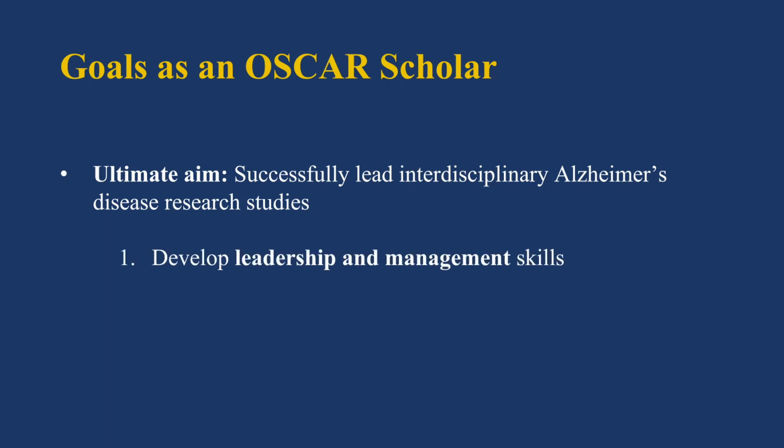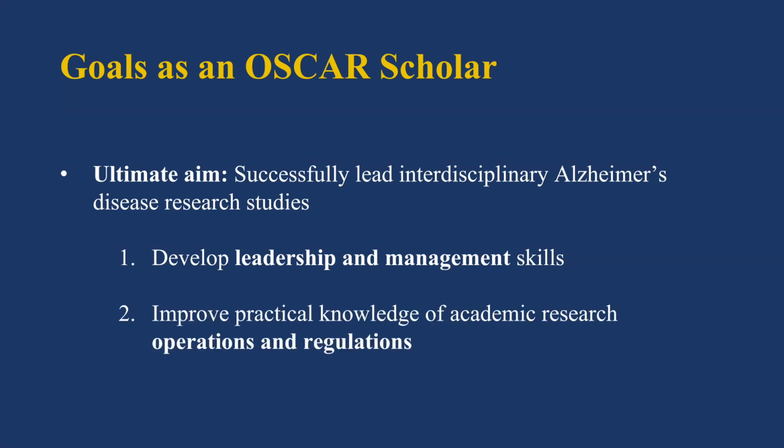So with this opportunity, I am hoping to develop the skills that are necessary. I'm hoping to develop leadership and management skills and gain an understanding of the best strategies for management in the context of leading these interdisciplinary studies, as well as improving my practical knowledge of academic research operations.